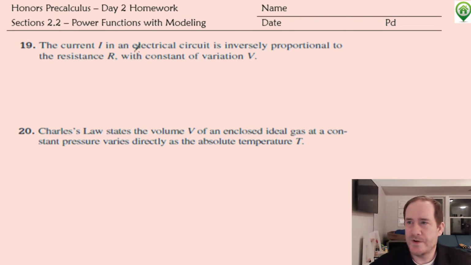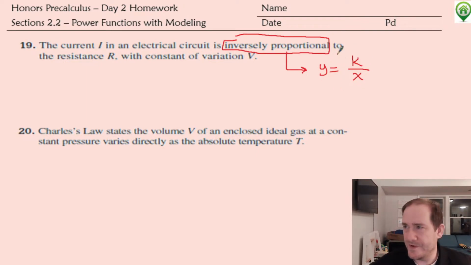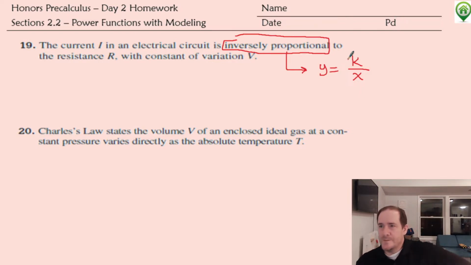So now it says the current I in an electrical circuit is inversely proportional. Okay, fine. So that's a new one. If we are inversely proportional, then that means the y variable is going to be equal to some constant of variation divided by the x variable. So in general, that's your inverse proportional setup.